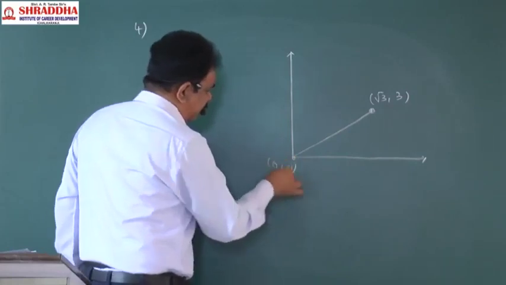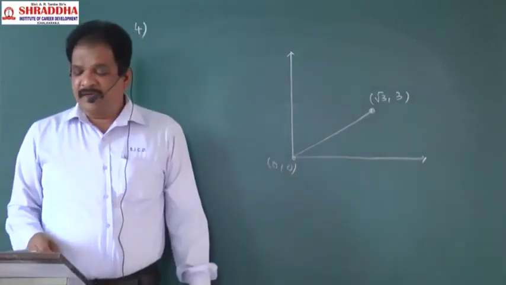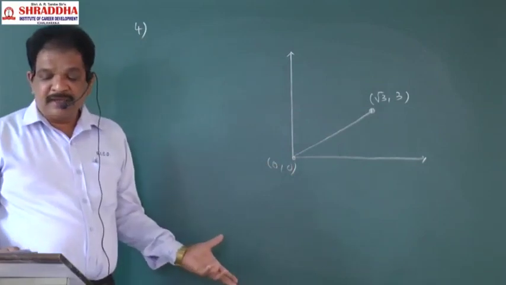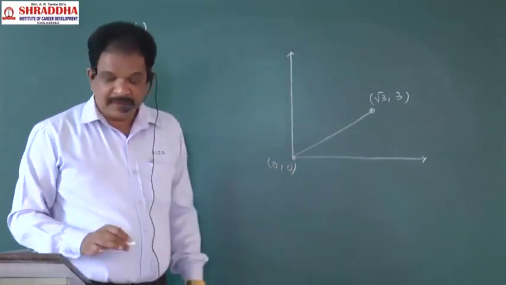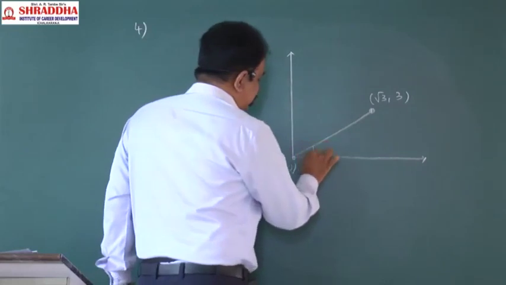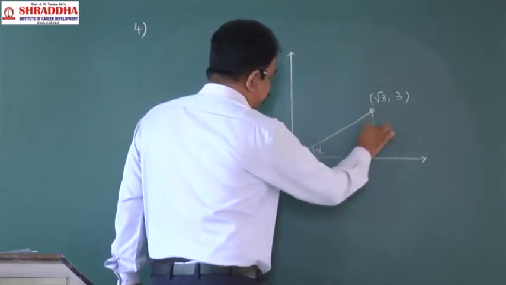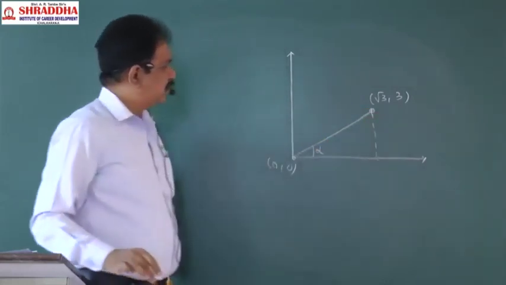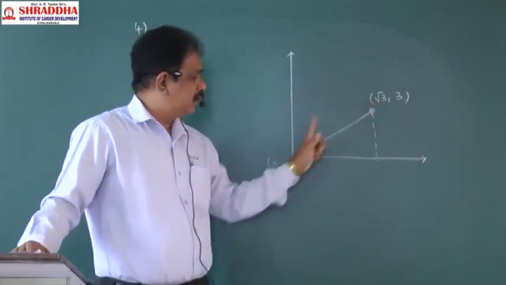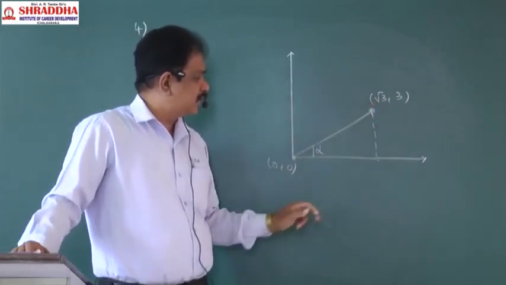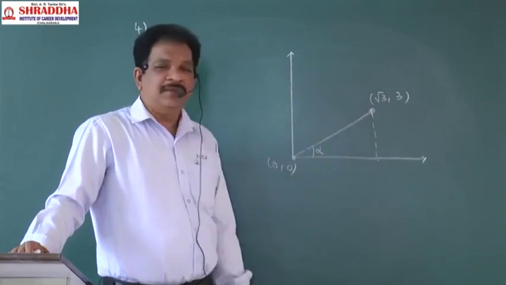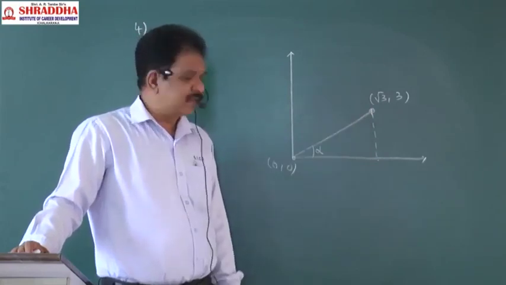How much angle is it making with the x-axis? This angle is how much? That is the question. So x coordinate means distance from y-axis. Y coordinate means distance from x-axis.